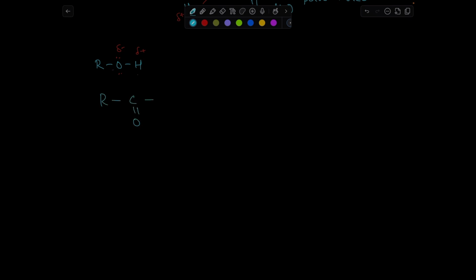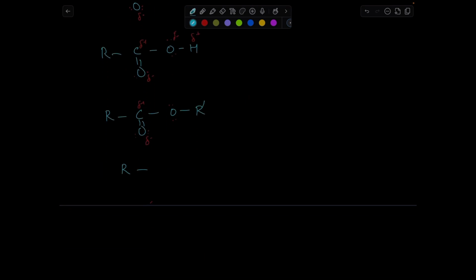Aldehydes and ketones also have this polar bond here because oxygen, being more electronegative, has a partial negative charge and the carbon has a partial positive charge. Esters and acids also have polar bonds. So because of this, these functional groups have polarity and they will favor solubility.